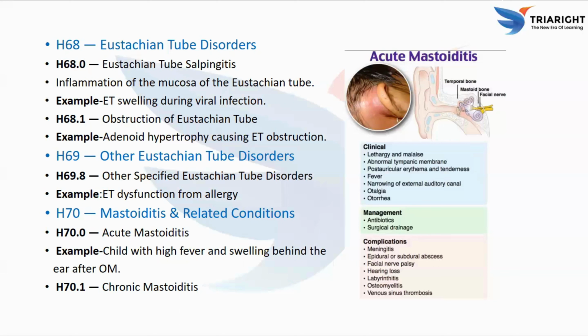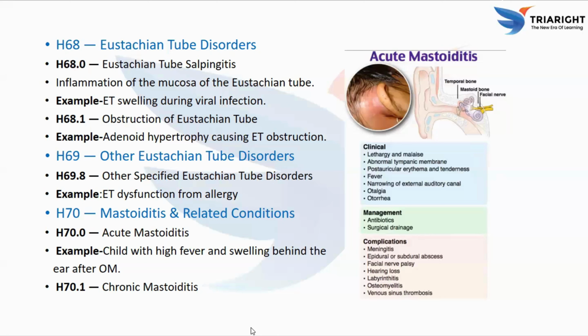So the clinical features are fever, pain and swelling behind the ear, redness over the mastoid area, ear discharge, and narrowing of the auditory canal. For example, a child with high fever and swelling behind the ear after otitis media. So what will be the complications? Like meningitis, epidural or subdural abscess, facial nerve palsy, hearing loss, etc.